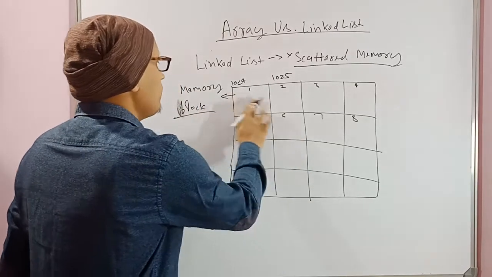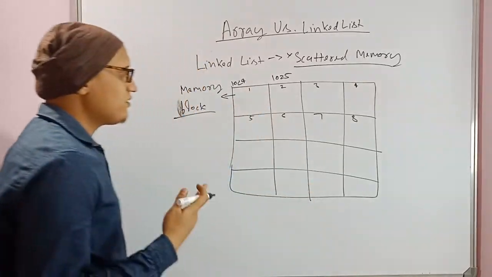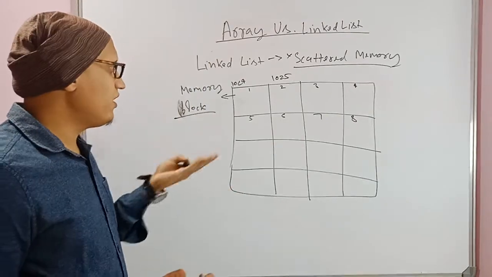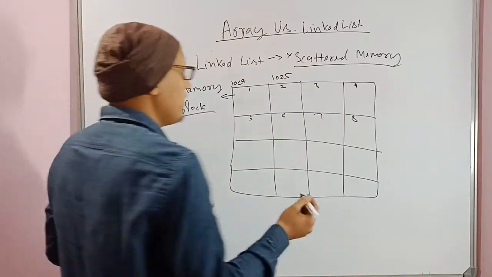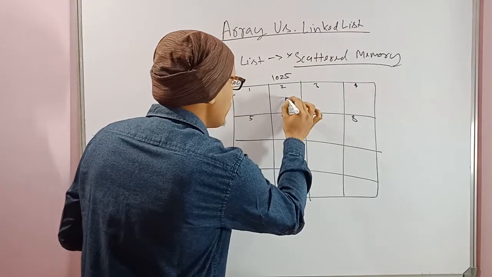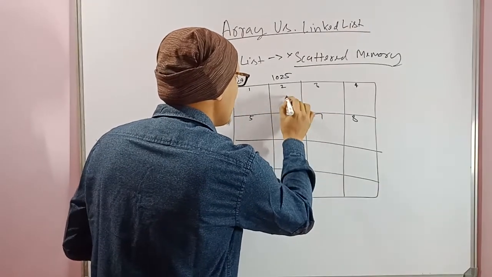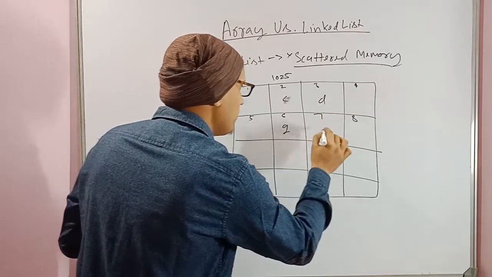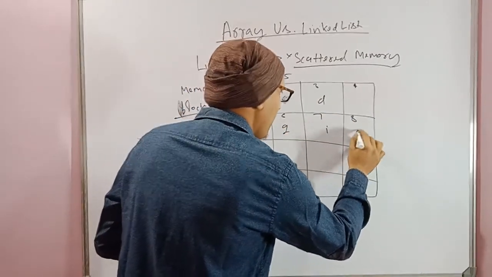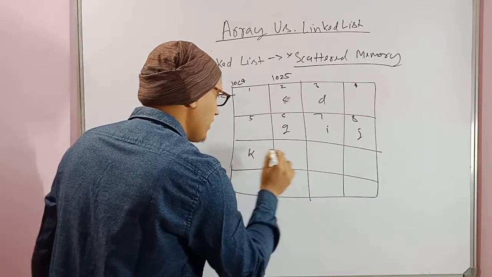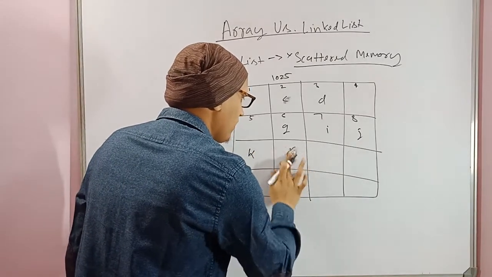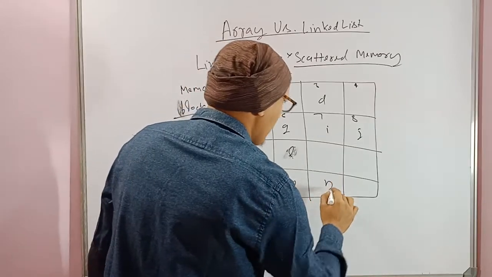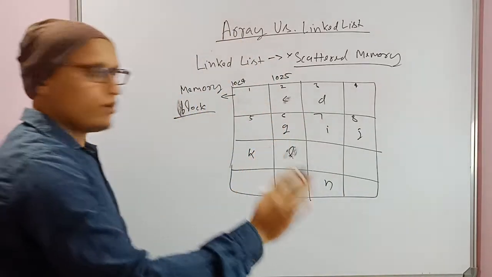So in the same way, I will make some examples of busy and free memory blocks. So suppose this one is busy, C, D, G, I, J, K, L, M. So these all are the busy memory blocks.